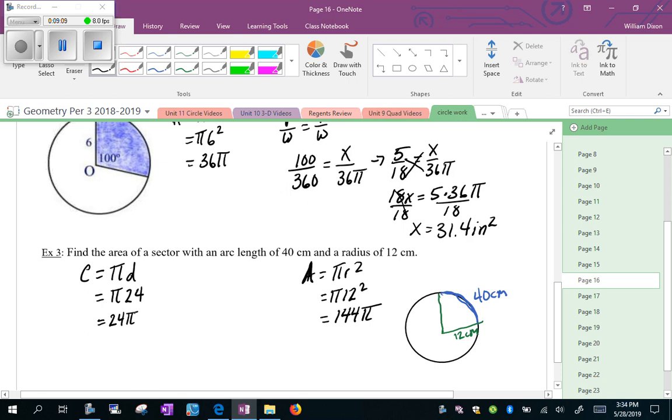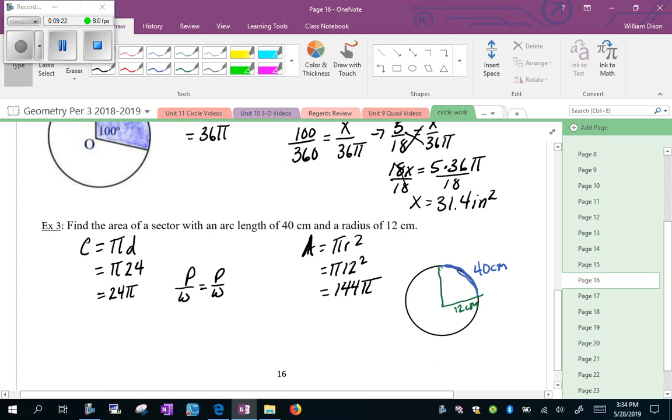Now I can set up my proportions. So again, I'm going to have part over whole equals part over whole. So I know that the arc length that was given to me is 40.